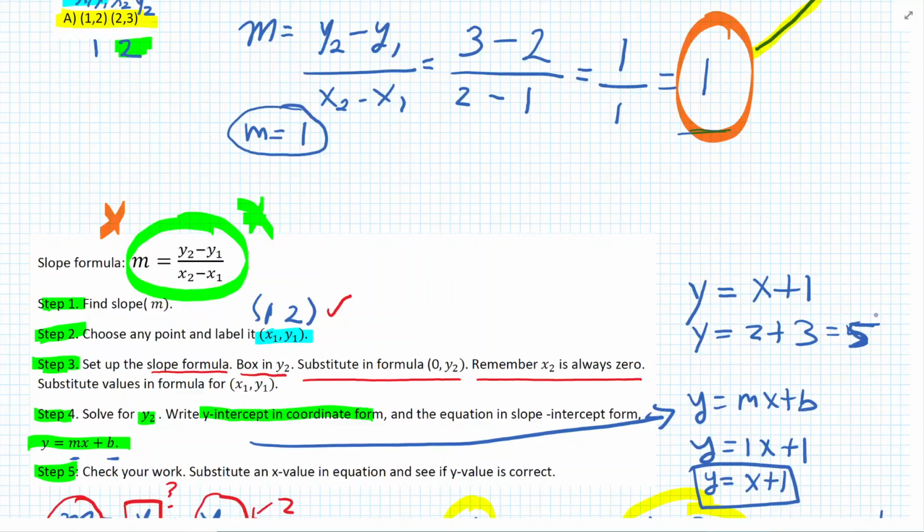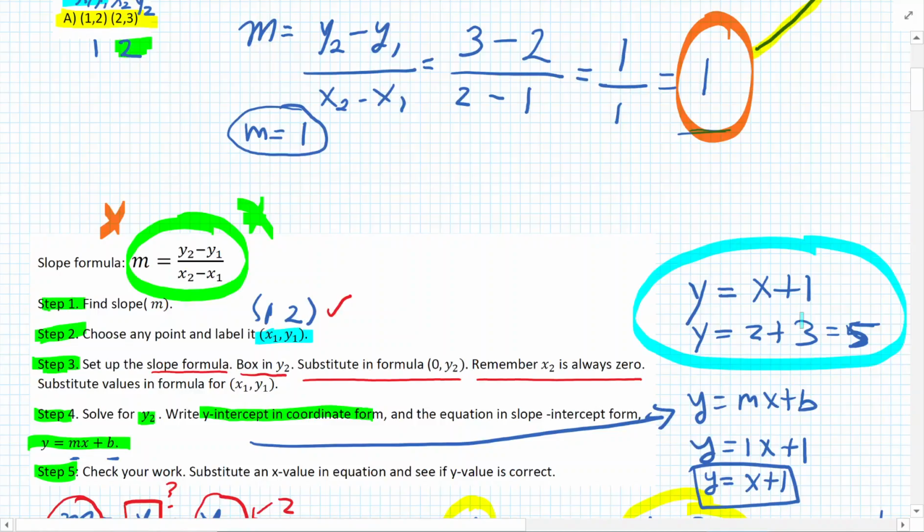I substituted in the x value, that's right, 2. Oh, I wrote plus 3. Did you guys see that? Somehow I wrote a 3 there. That's not what the equation said. Y equals 2 plus 1 equals 3.